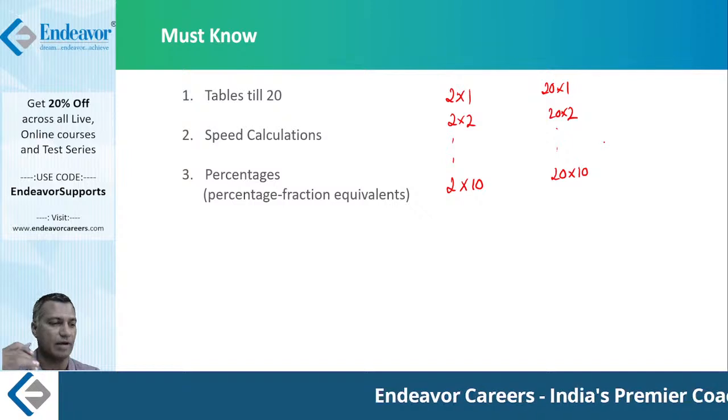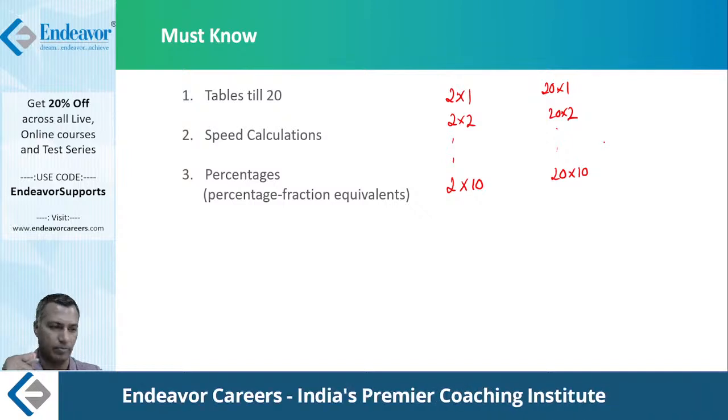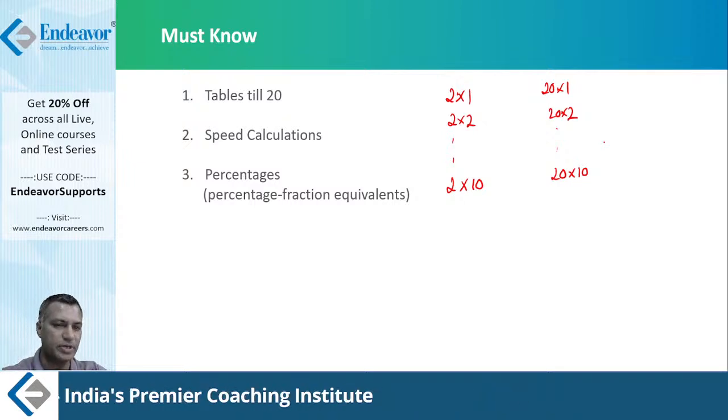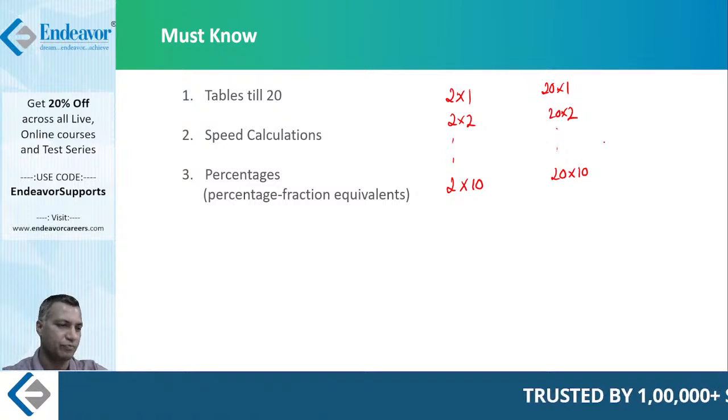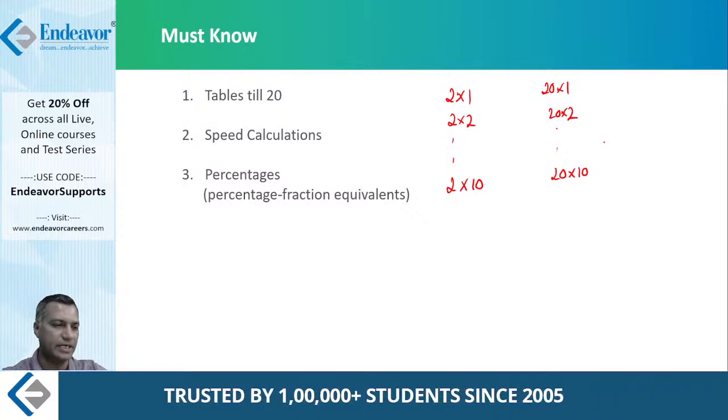Having control over the tables, being in touch with tables, would definitely enhance the speed at which you can think about and calculate certain numbers. Therefore, never neglect the tables. Second, some techniques of speed calculation would definitely help. I'm not saying you should master the entire Vedic mathematics.